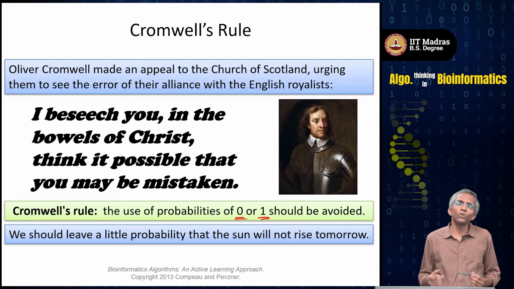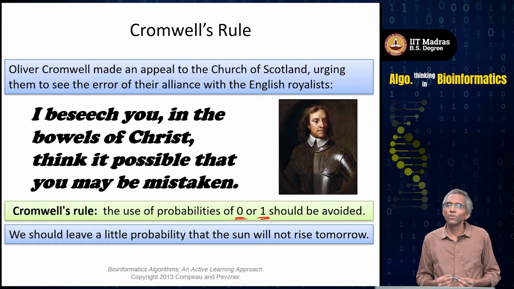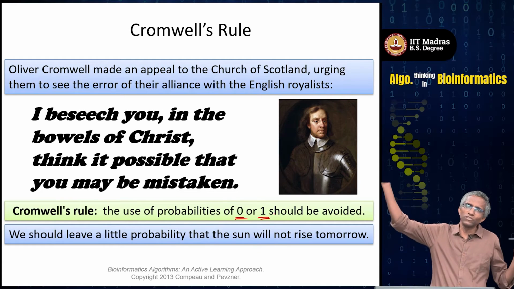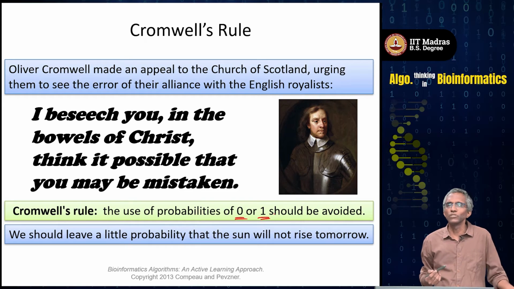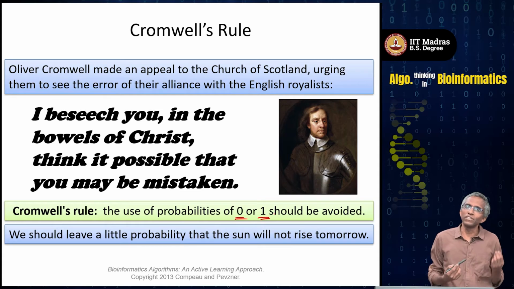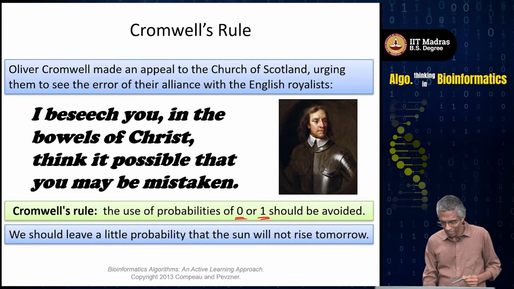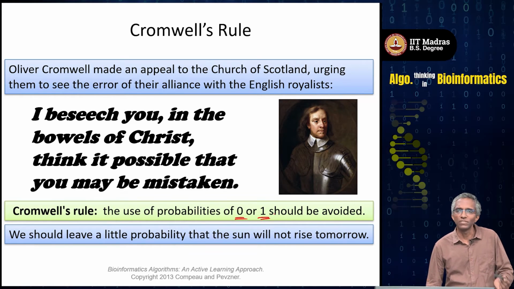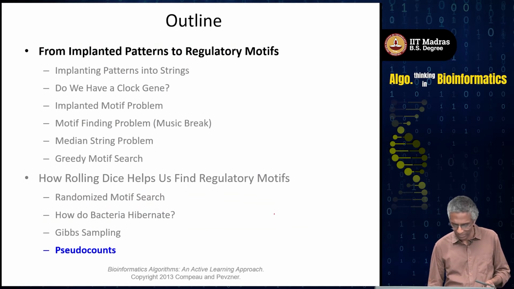But we should always allow the possibility that it may not rise tomorrow, because I do not know when. Billions and billions of years going forward, the sun will eventually die down of all its gas, and then at some point in time it may not rise. So, we have to leave a little probability that the sun will not rise tomorrow, and that is where the concept of pseudo counts comes in.